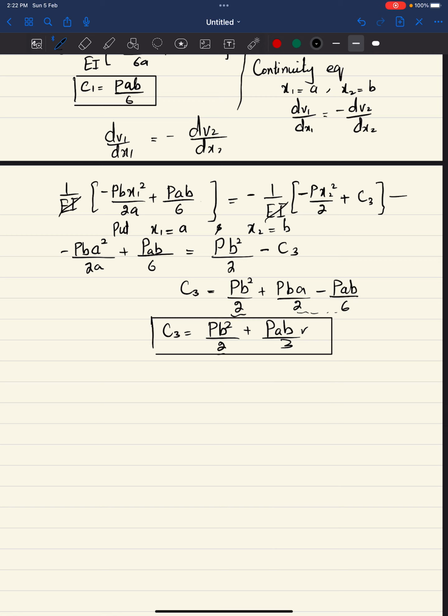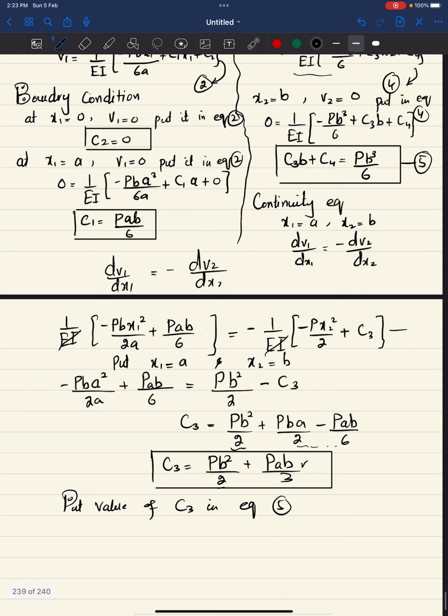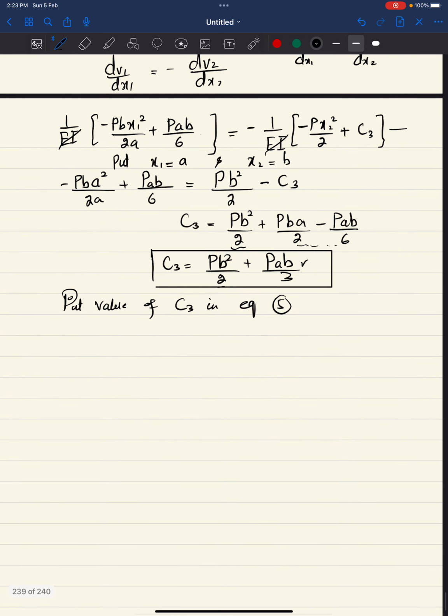Now put the value of C3 in equation number 5. So equation 5 is C3 into b plus C4 is equal to Pb cube over 6.